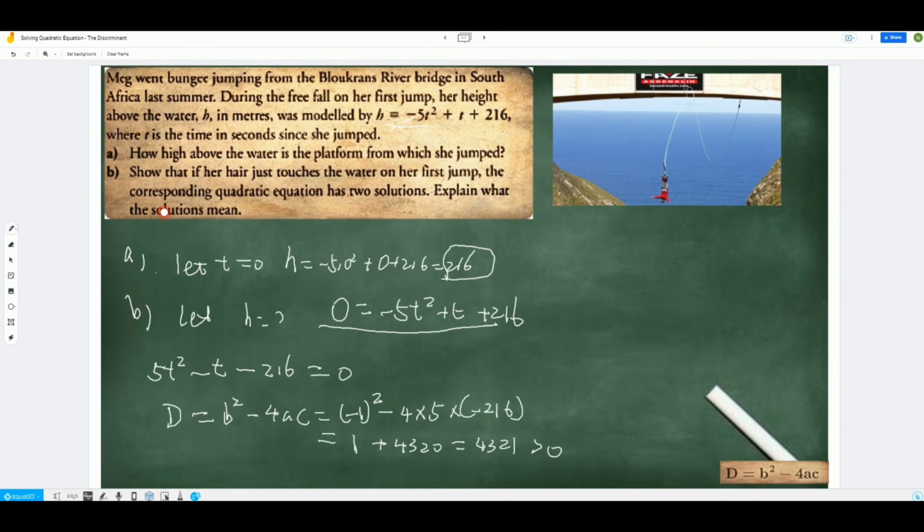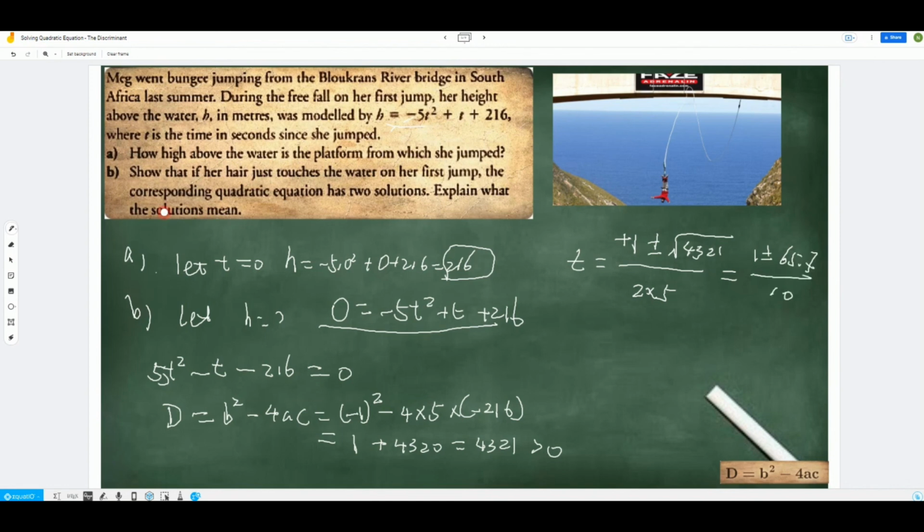Okay, let's find out. t equals, using the quadratic formula, over 2a, 2 times a, a equals 5, so 2 times 5. And negative b equals negative negative 1, which should be plus 1, right? Plus 1, plus minus the square root of D, which is 4321. I already calculated the square root is 65.7, and the denominator should be 10.